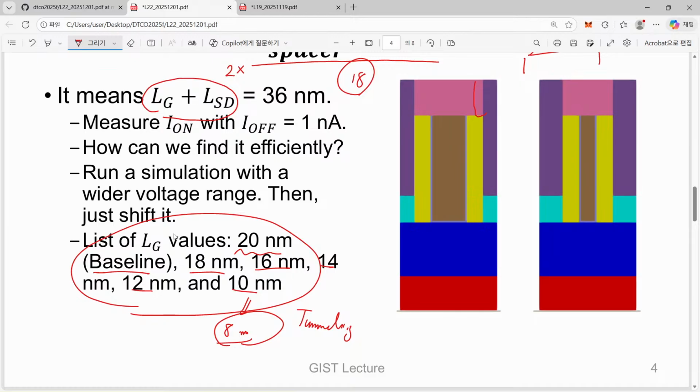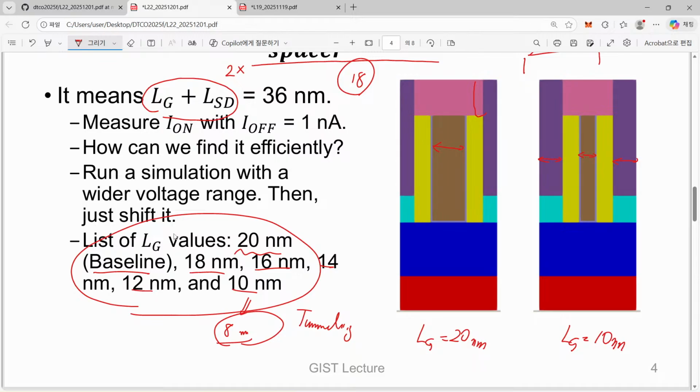This one corresponds to LG equal to 20 nanometer, and this one corresponds to LG equal to 10 nanometer. You can see that the length in this scale is the same, 54 nanometer, and there is the real zero sum. So now this one becomes really shorter, and instead we have a much wider source and drain region.